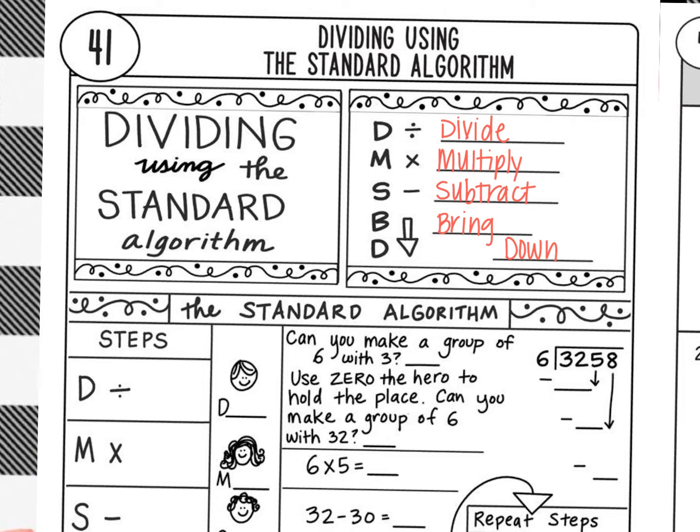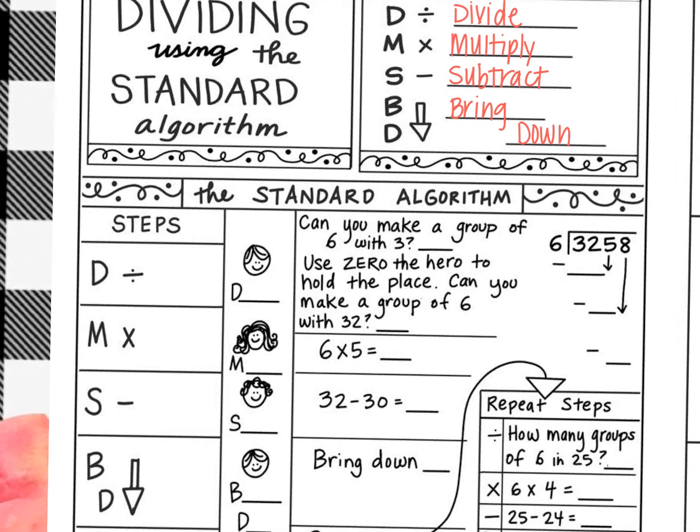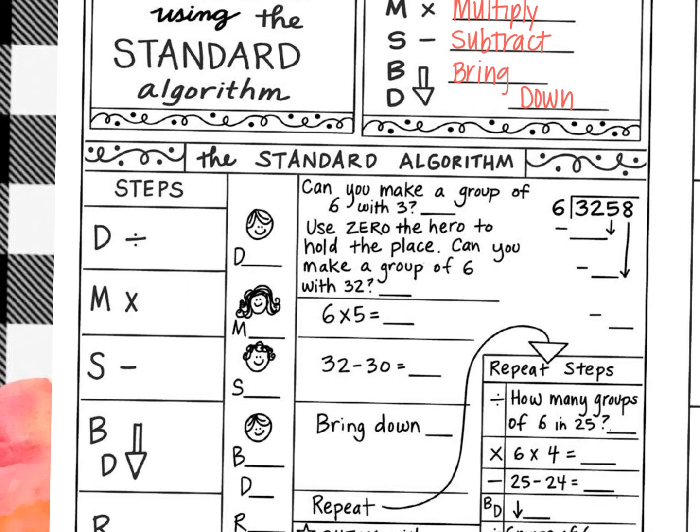So over here, where we have the steps, we have the D, which is divide, and we are going to think of dad. Mom is next, representing multiply.